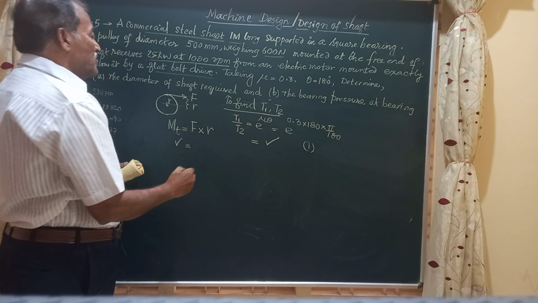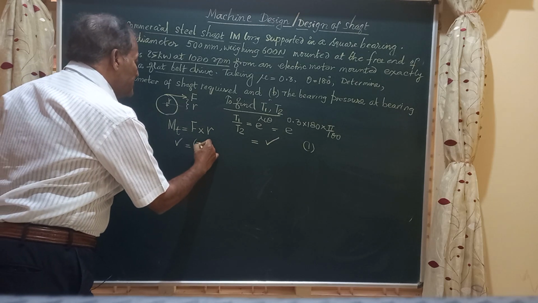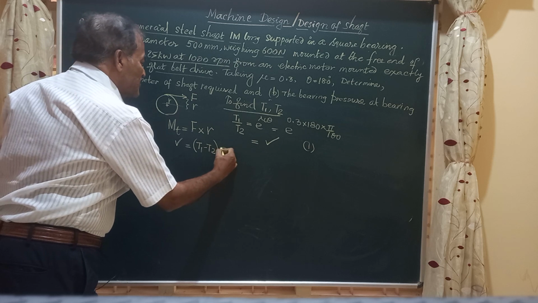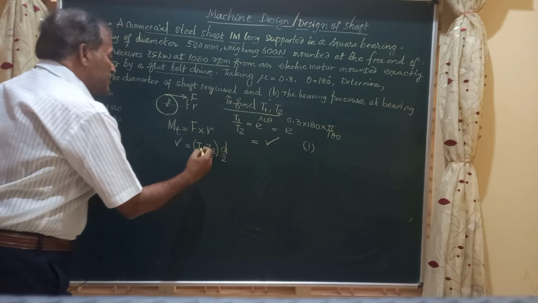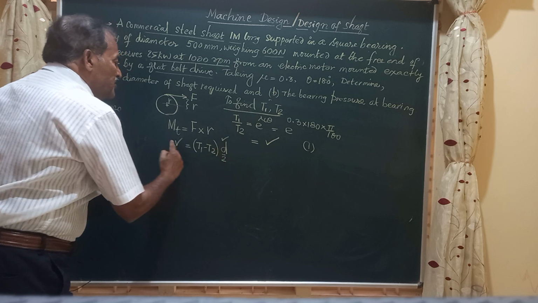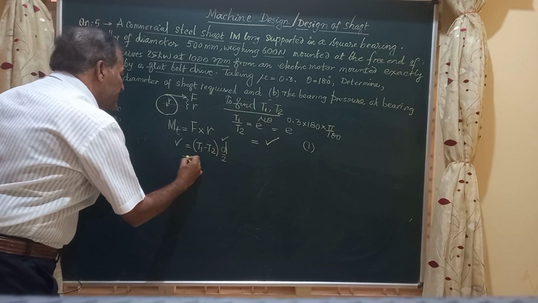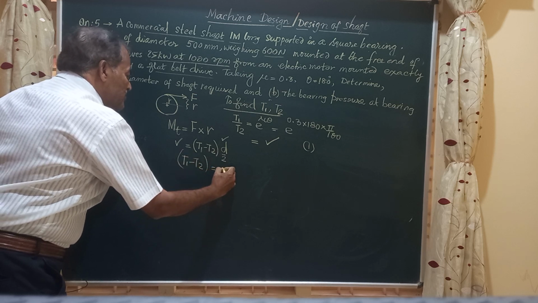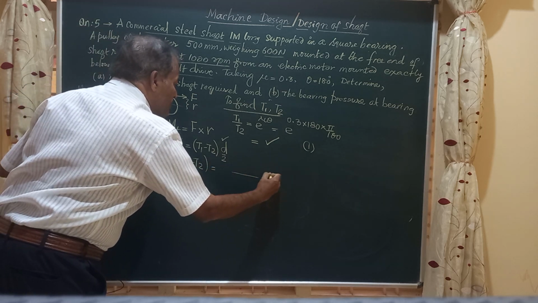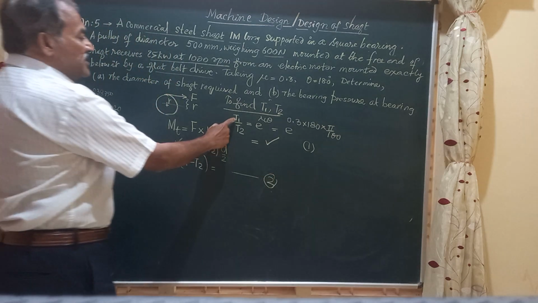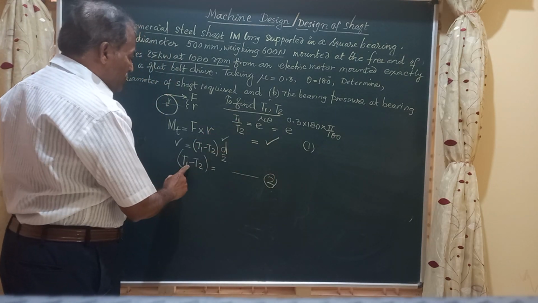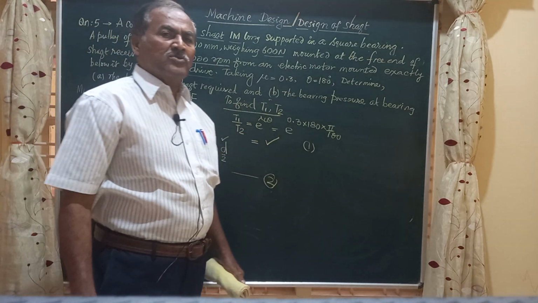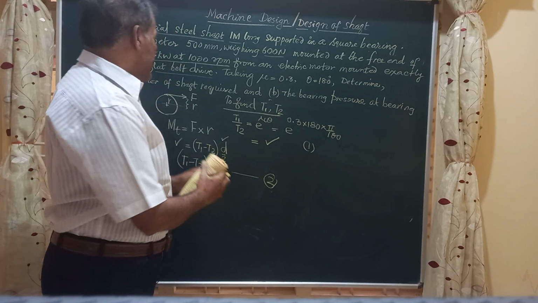This tangential force is the difference between the tensions T1 and T2, and radius is diameter by 2. Friends, we know the diameter, we know the torque, so you will be able to get what T1 minus T2 equals. So we will call this equation number 2. So we know the ratio T1 by T2, we know T1 minus T2. By solving 1 and 2, we will be able to calculate T1 and T2.